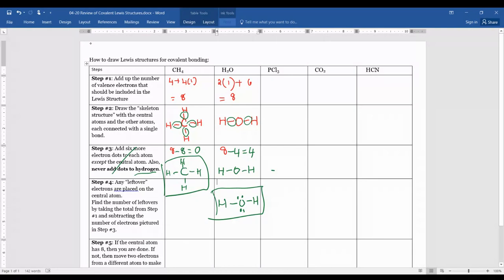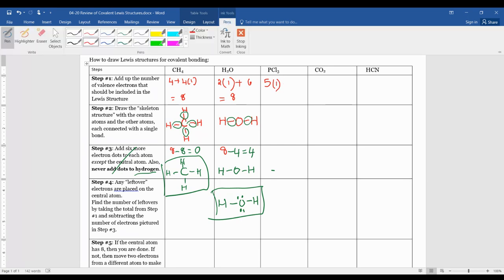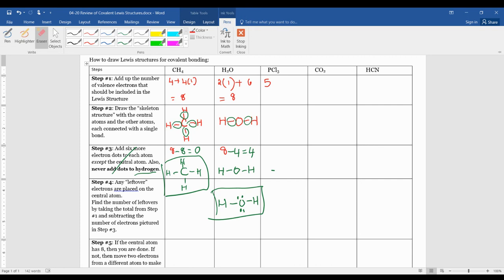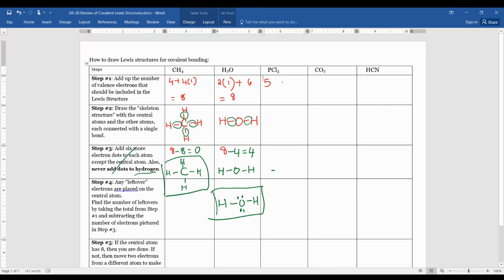It's phosphorus trichloride. Phosphorus has 5 electrons. There's 1 phosphorus. And then I have 3 chlorine atoms. Each chlorine atom is 7.